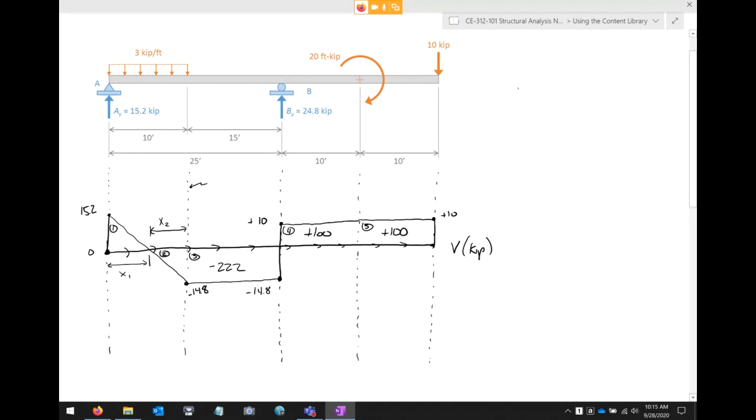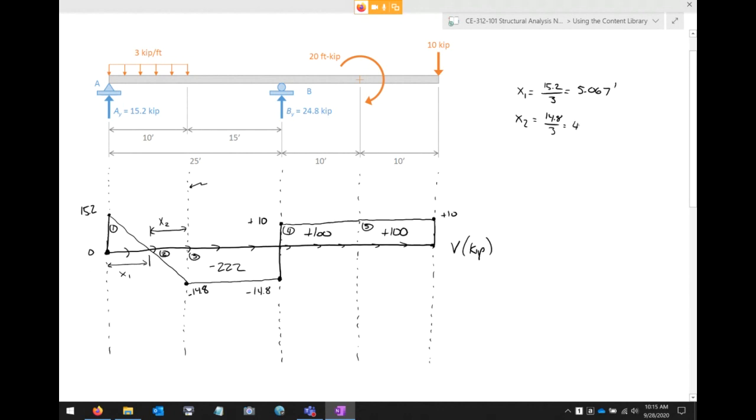Okay. So I propose that x1 is just 15.2 over 3, and x2 is 14.8 over 3. Now, if you chug these out, you're going to get that 15.2 over 3 is 5.067 feet.